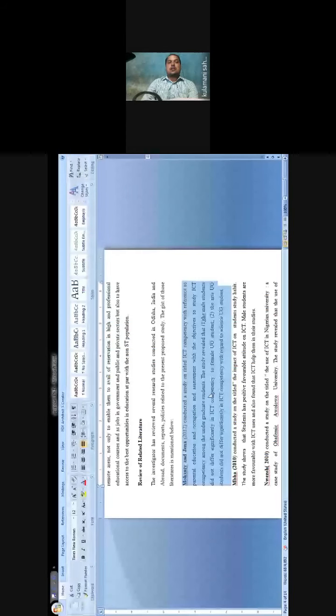So while reviewing a research work of any research activity or researchers, you can write the review in a paragraph, and that review should consist of the name of the researcher, the year in which research has been conducted, the topic of the research they have conducted, the tools they have used, the techniques they have followed, and the objectives with regard to the findings.